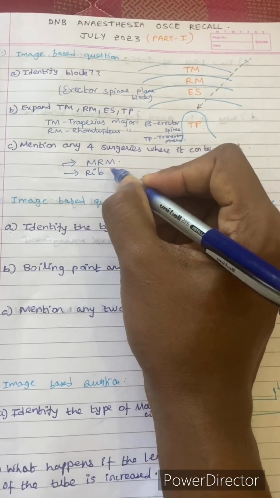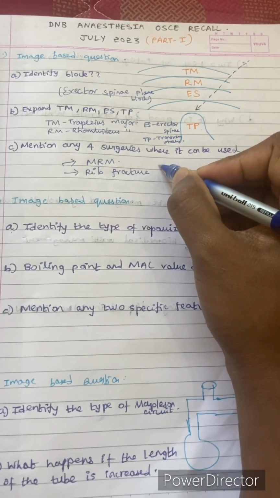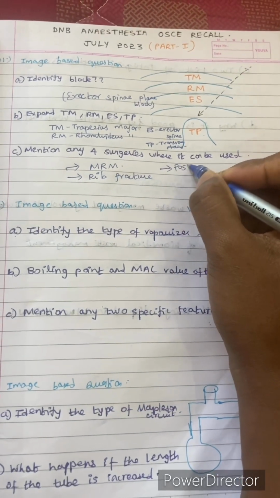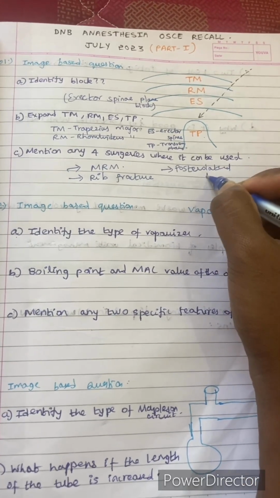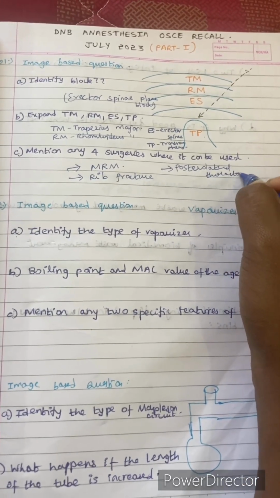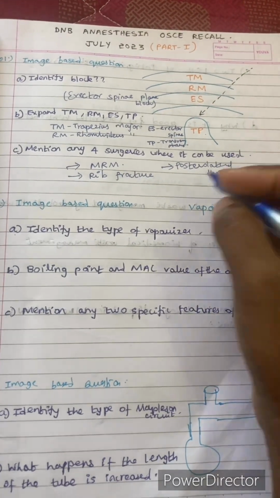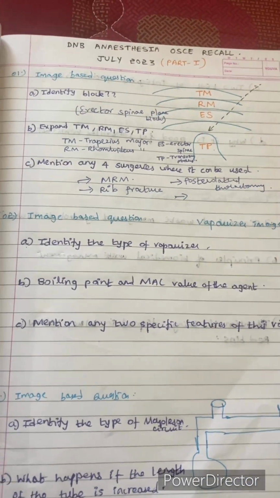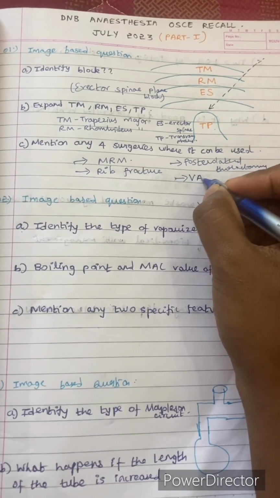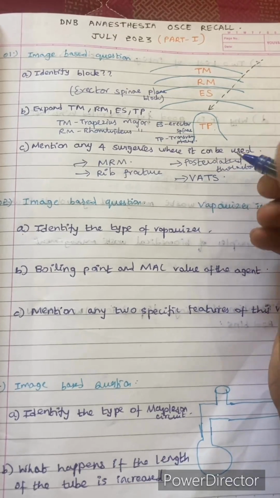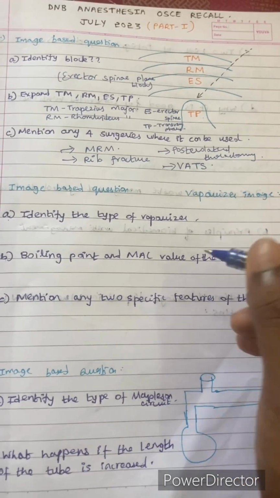Next, it is used in patients with rib fractures as part of analgesia. It is also used in procedures involving posterolateral or anterolateral thoracotomy, for example lobectomy, or in minimally invasive surgeries like VATS, video assisted thoracoscopic surgeries. These are some of the surgeries where you can use the erector spinae plane block.